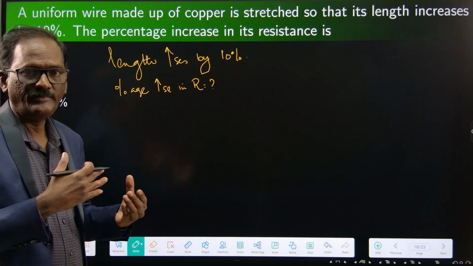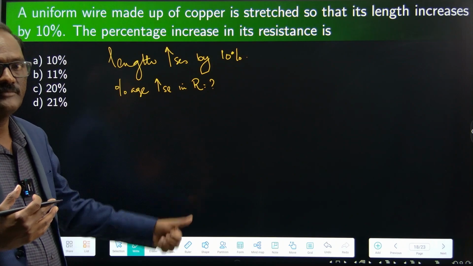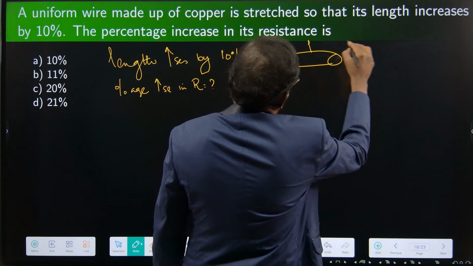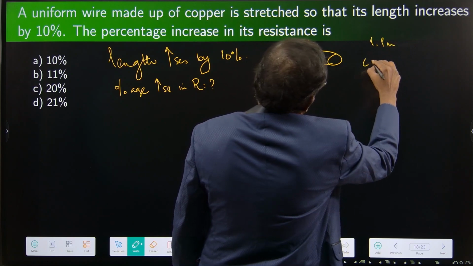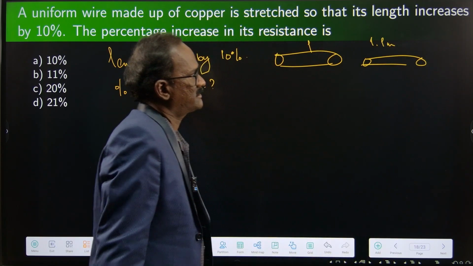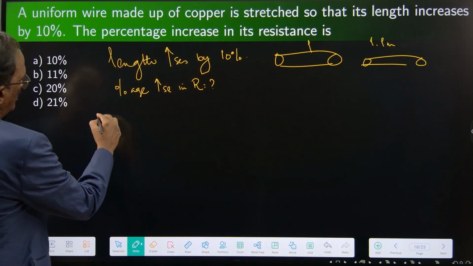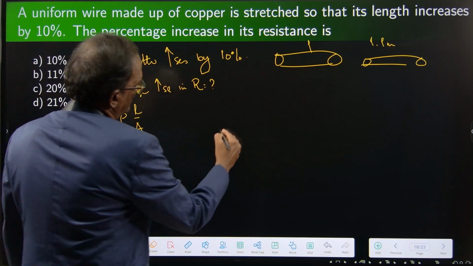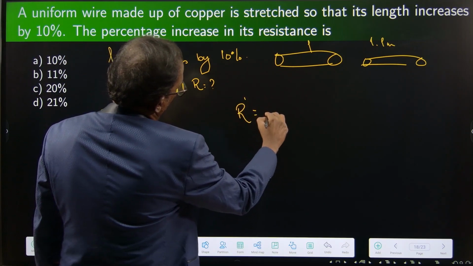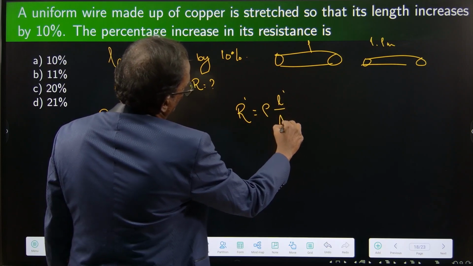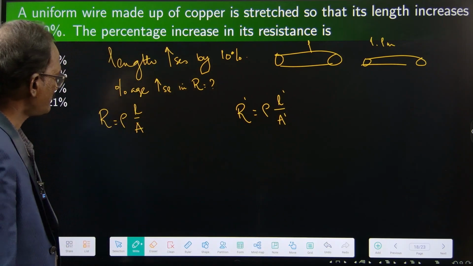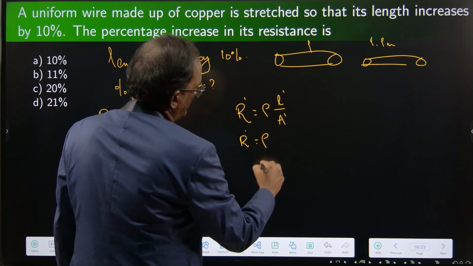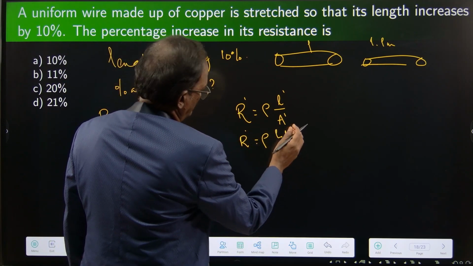If it is 1 meter, now it is 1.1 meter. Length increases, right? So R is equal to rho L by A. R dash is equal to rho L dash by A dash. R dash is equal to rho L dash, which is 1.1 L.